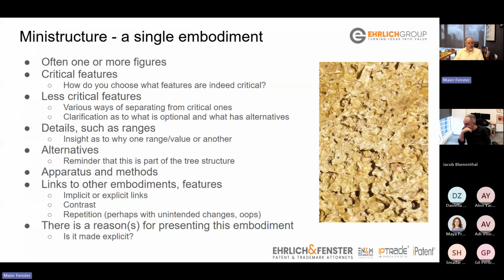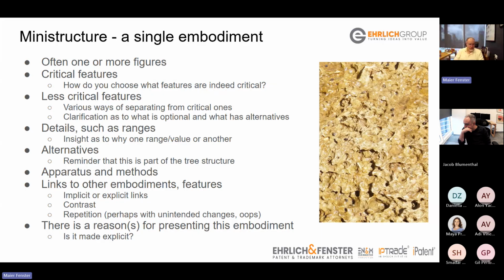But you also have less critical features. So in the writing, there's always going to be language which distinguishes what is critical from what is not critical, what is optional and what has alternatives. Okay, this defines the physical structure of a description of an embodiment.